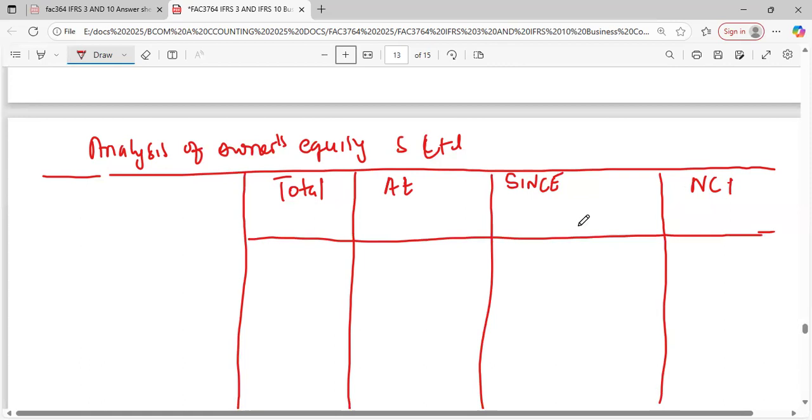Right, in our case, we have said P Limited holds 80%, which means the NCI is going to be 20%.